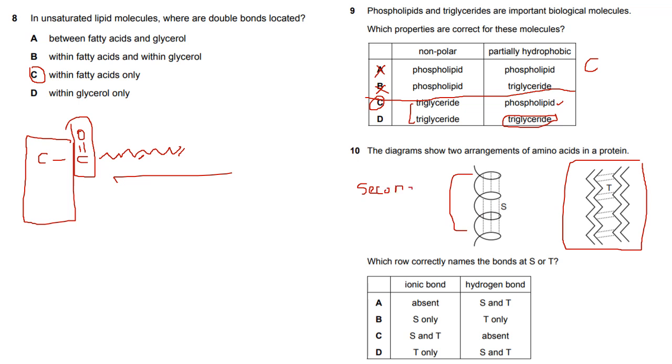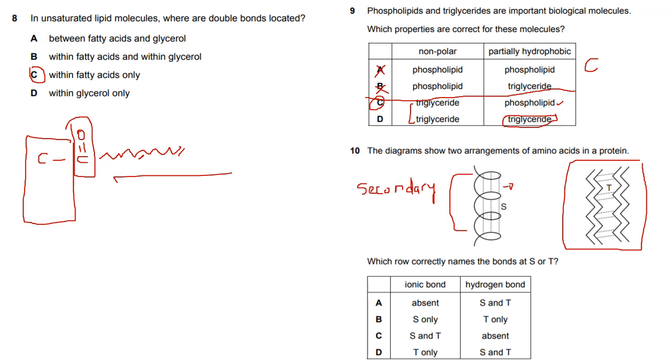So you know you're dealing with secondary structures, and that way you can ask yourself, okay, which bond is typical in a secondary structure? Obviously the peptide bond between the amino acids themselves in this helical chain, but also these bonds here where you have S and T, those are hydrogen bonds, right? Hydrogen bonds are found in the secondary structure.